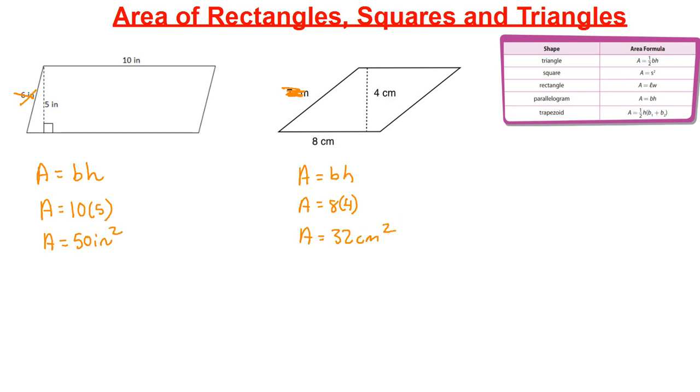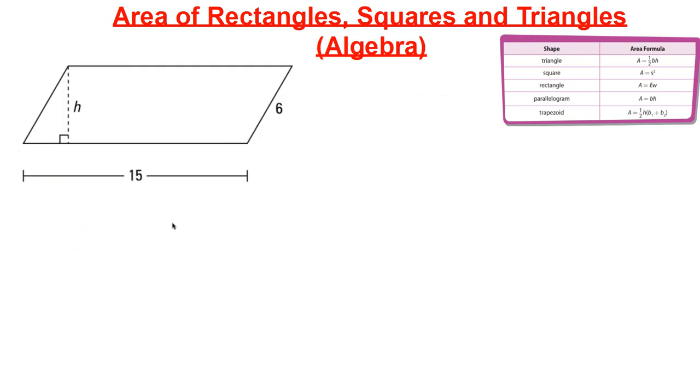Let's move on to the next one. Let's try this with a little bit of algebra and working backwards. Over here we have our base, which is 15, and our height, which is h. We're also given the fact that the area is going to be equal to 45 units squared.